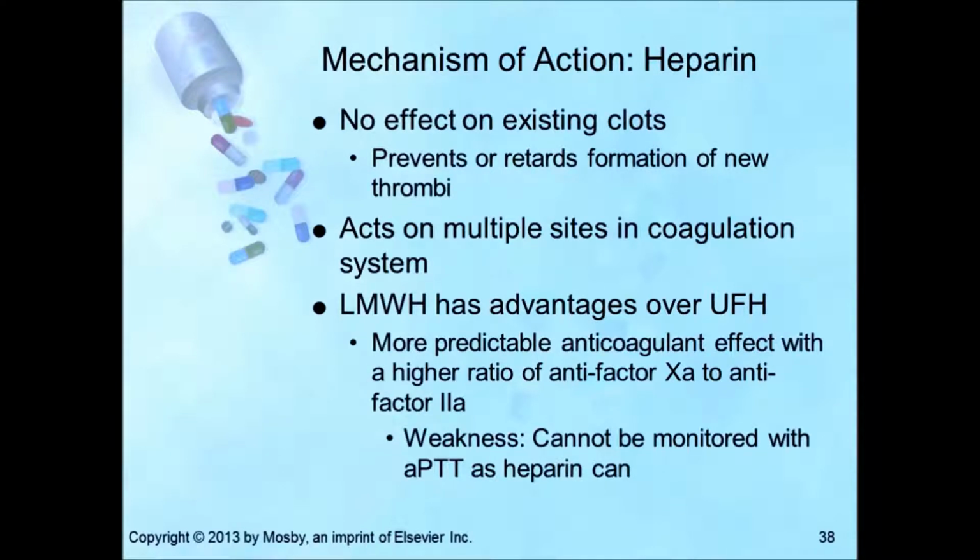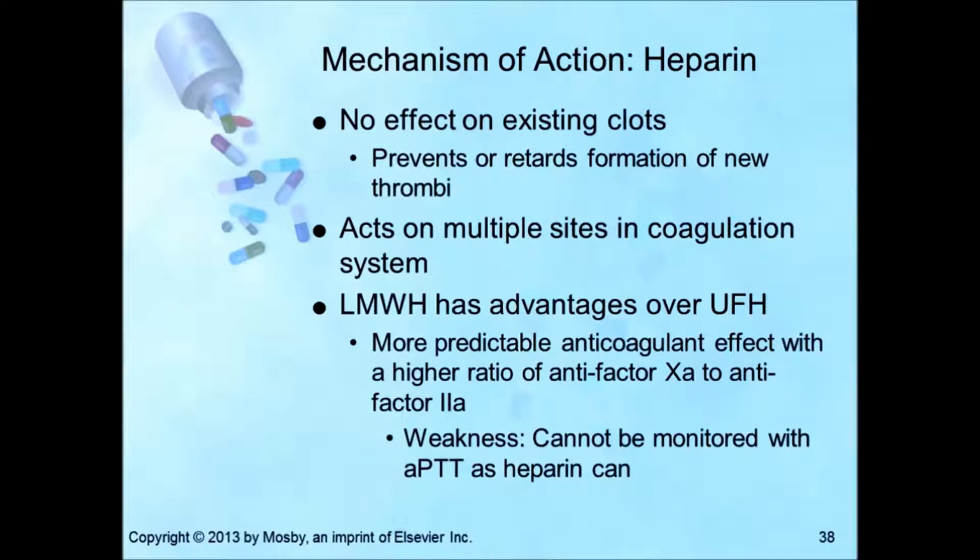Low molecular weight heparin has several advantages over unfractionated heparin. It is a more predictable anticoagulant effect, along with a higher ratio of antifactor Xa and antifactor 2A, thus inhibiting the generation of thrombi higher in the clotting cascade.